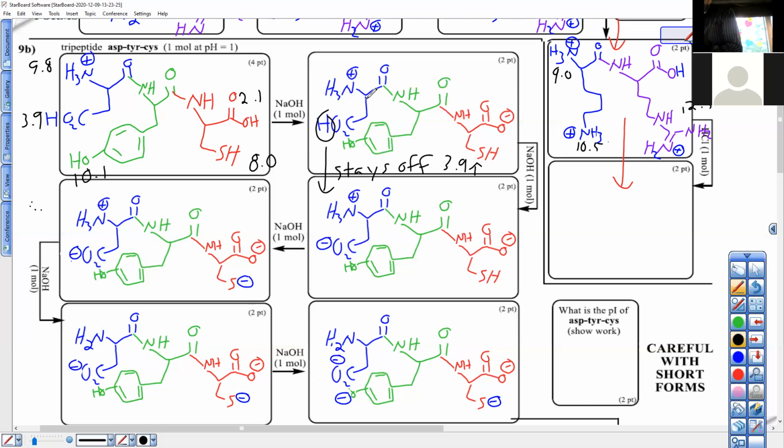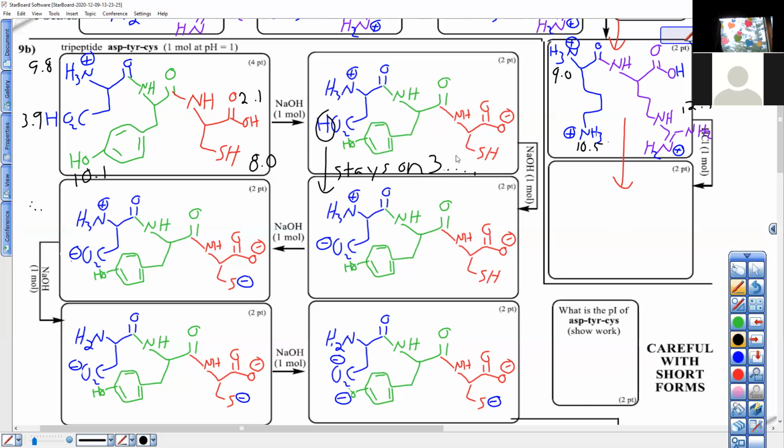Going from here to here. Got to make sure. Which was the first one that came off? It was this one. Right? Stays on. Sorry. Stays on. I need this. I'm not taking it off. I need this molecule. There's nothing wrong with the 3.9. Sometimes you just say the opposite word.